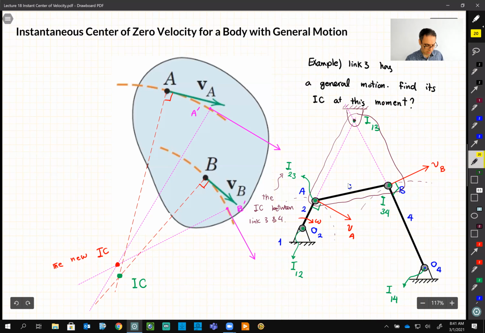So if you guys agree with that, I want you to tell me what you notice about these 3 points: I12, I23, and I13. What do you notice about these 3 points? And you can type it in the chat.